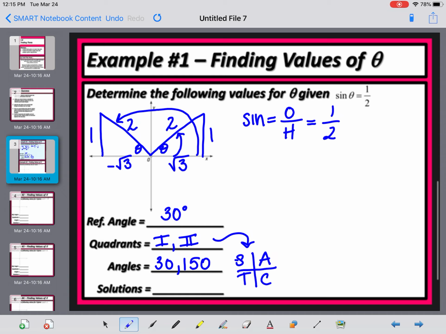Solutions would be for any coterminal angle that ends where 30 and 150 do. They end on that same terminal side. So remember, when we write our solutions, we do 30 plus 360n and 150 plus 360n.